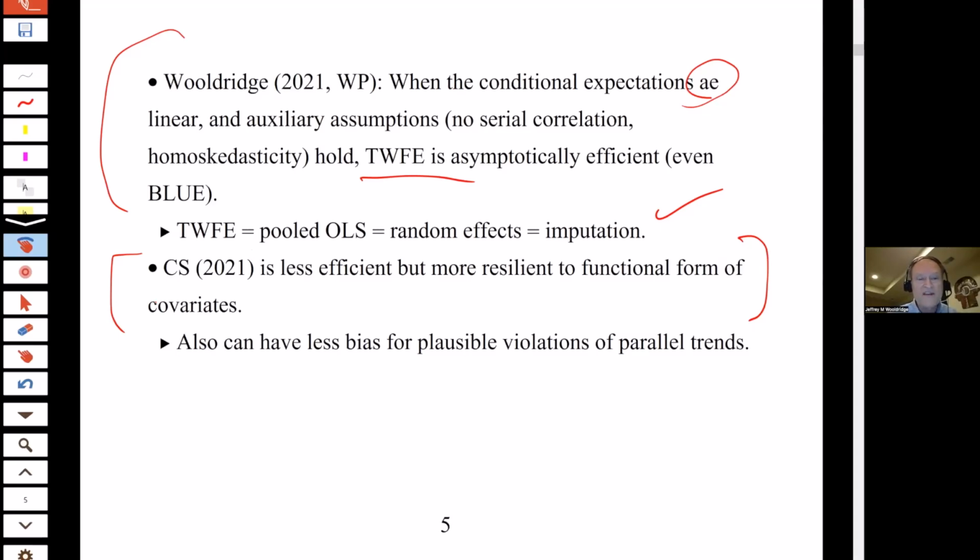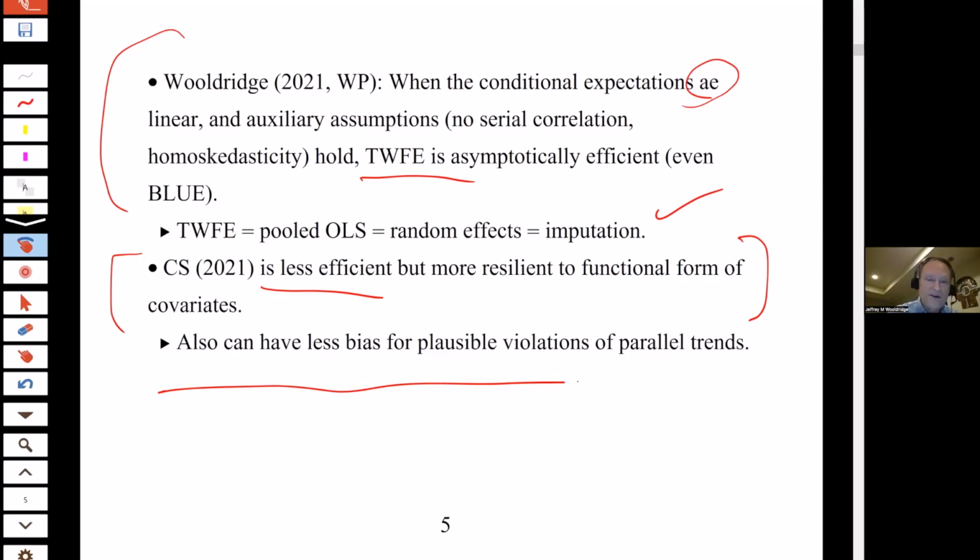And so Callaway Sant'Anna, because they allow for these doubly robust procedures, are less efficient when the linear conditional mean is correctly specified, but they're going to be more resilient to functional form of the covariates. And moreover, in some simulations I've done, because they don't use all of the information in the control groups, or at least that's not how the current estimators are computed, they have some resiliency to violations of parallel trends as well.